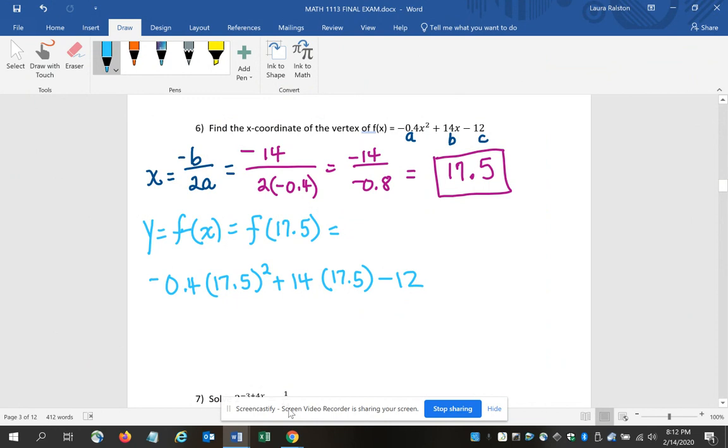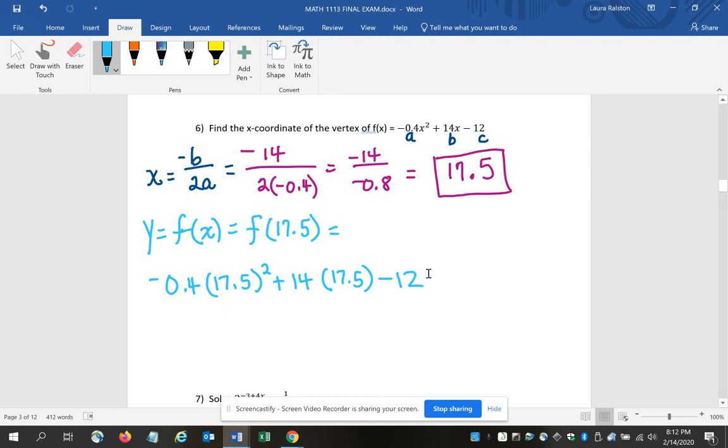Okay, so just type straight in like you see it. Negative 0.4 times 17.5 squared plus 14 times 17.5 minus 12. Just straight plug and chug.